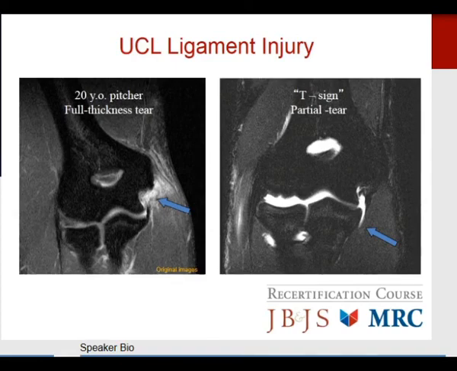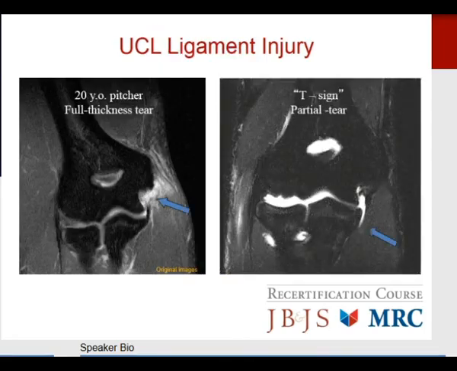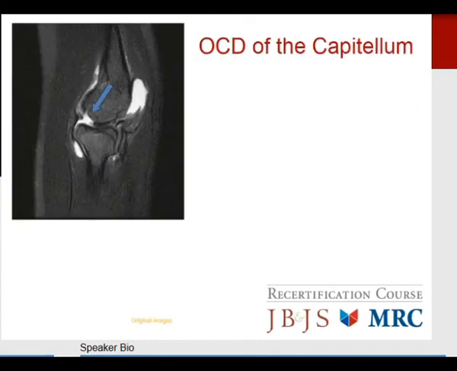If we back up here 2 images, we can see the distal attachment site. There's never fluid extending between the distal attachment site of the UCL and the sublime tubercle. On this particular image where you see this fluid tracking deep, this represents a partial thickness tear, and this is an incompetent ulnar collateral ligament that would need to be reconstructed. So this is referred to as the T sign of the partial thickness tear.